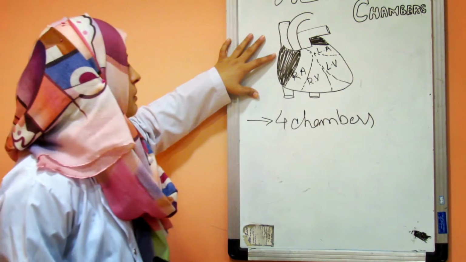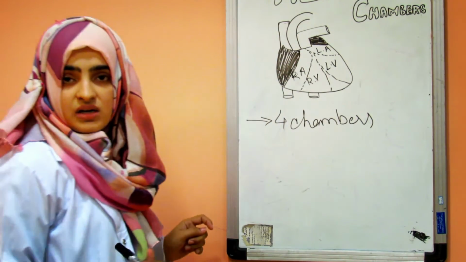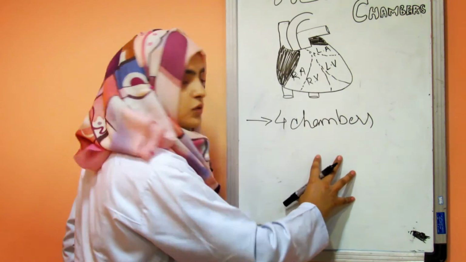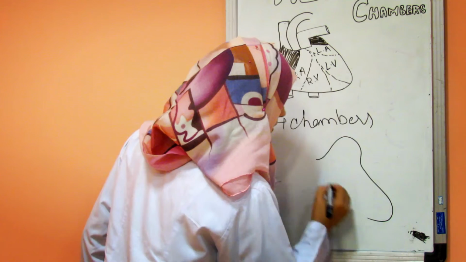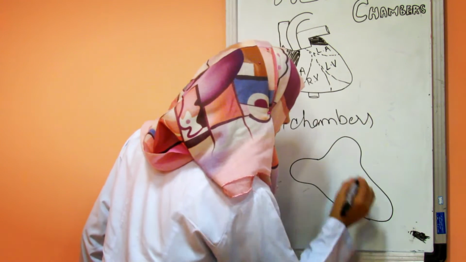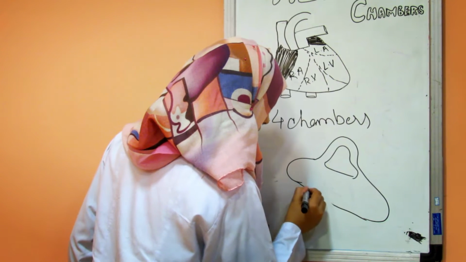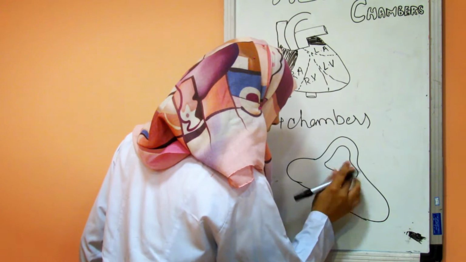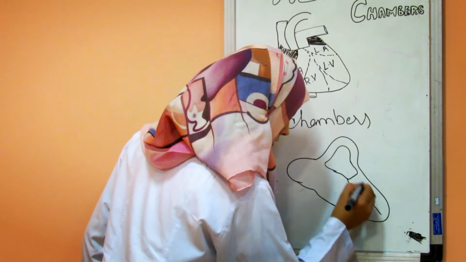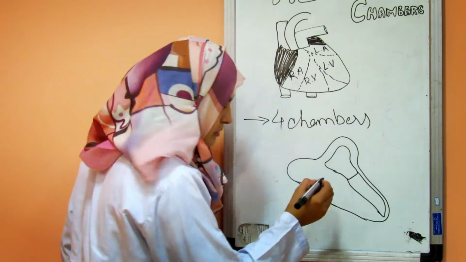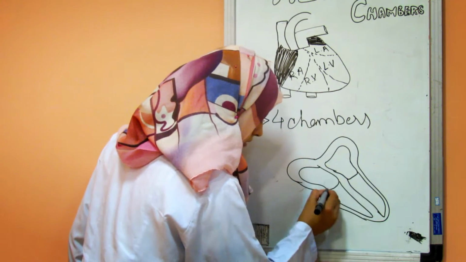Now keep in mind which chamber receives the oxygenated blood and which receives the deoxygenated blood. Here I am going to show you a very easy diagram. Here are the left chambers of the heart, and here I am drawing the right.